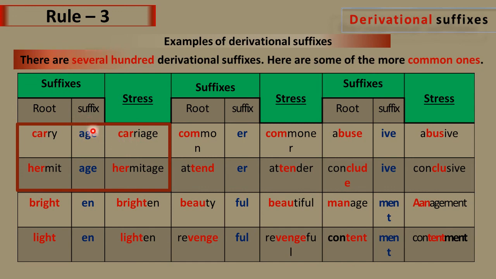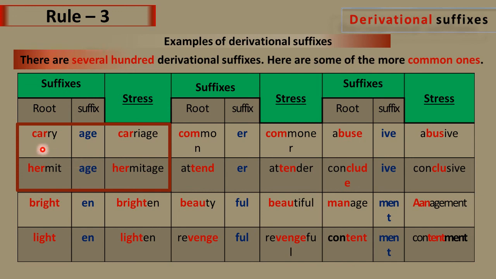Derivational suffixes can make a new word and change the class, and they also cannot affect the stress. In the entire table, the red colored syllables are stressed syllables, and the blue colored letters are suffixes.